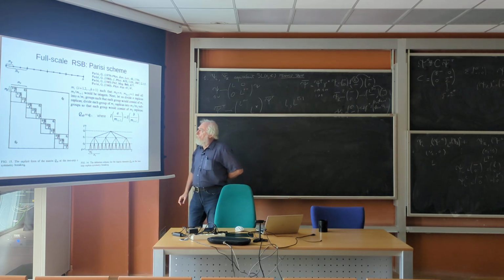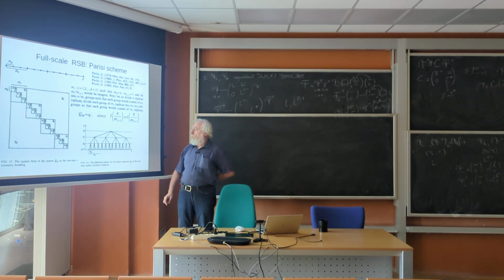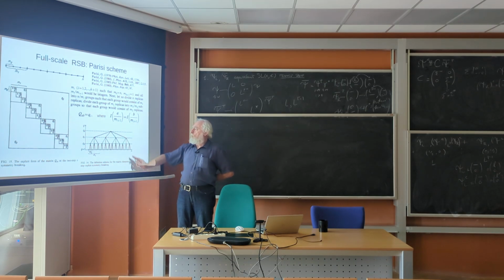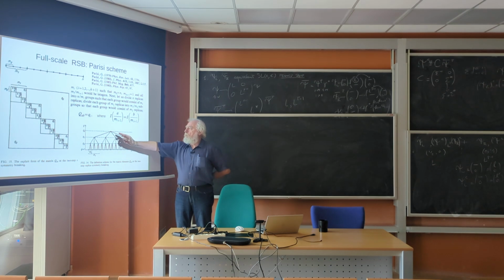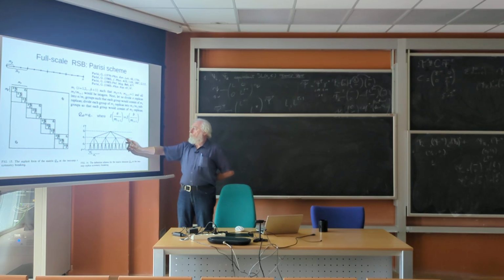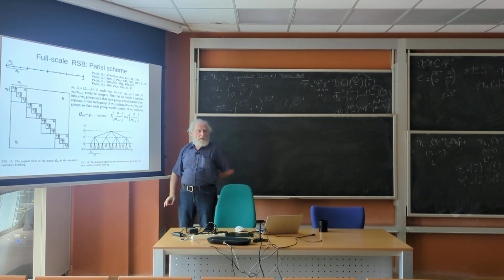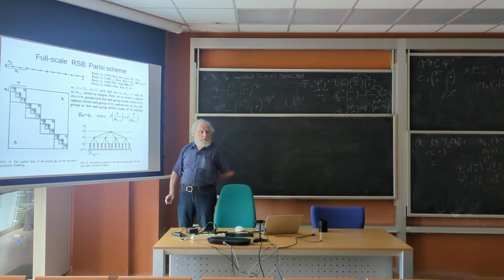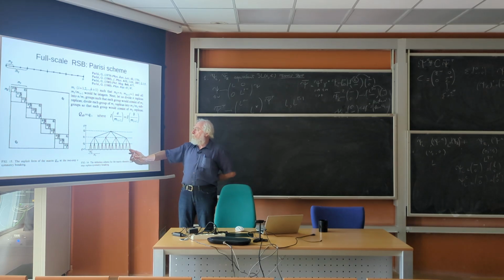Schematically, it can be shown by such a tree diagram. So with no replica symmetry breaking, we are all here. With first replica symmetry breaking, we have a number of branches with Q1. Then we split each branch further, and we repeat it basically to infinity.